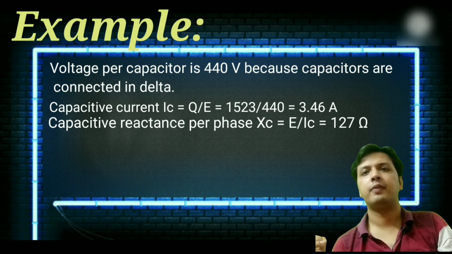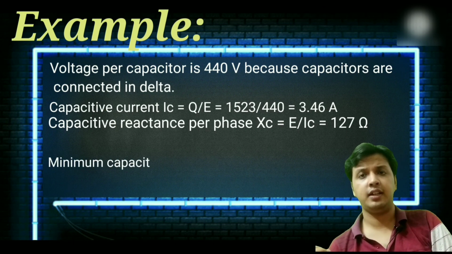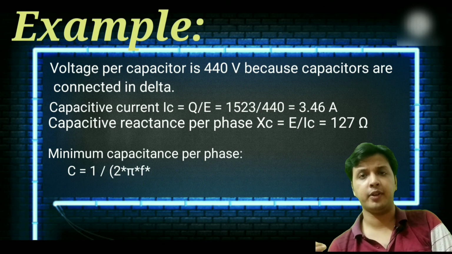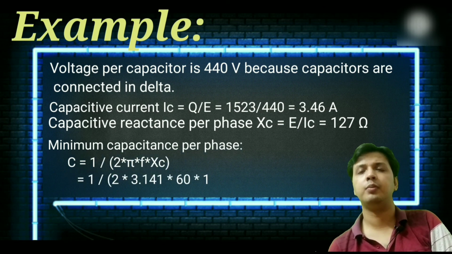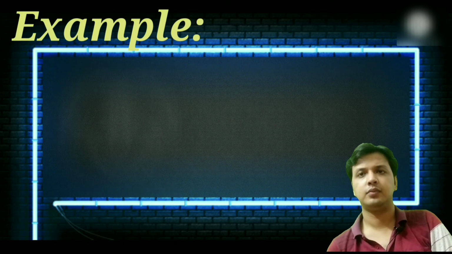Capacitor reactance per phase equals voltage per phase divided by current per phase, that is 127 ohm. Now we know that capacitive reactance Xc equals 1 by omega C, therefore C will be 21 microfarad.